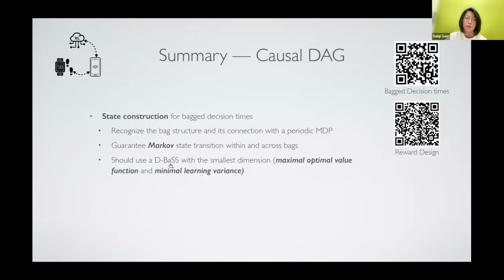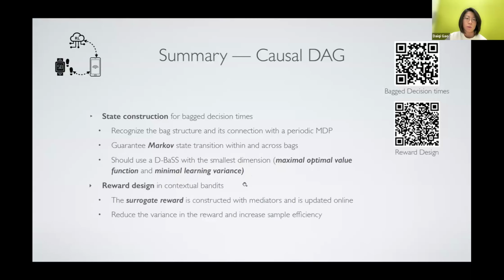Besides, it helps us recognize the sufficient statistic of the history with the smallest dimension so that we can guarantee the maximal optimal value function and minimal learning variance. When we use it for reward design, we construct a surrogate reward with the mediators, and the surrogate reward is updated online. Using the surrogate reward in learning will reduce the variance and also increase sample efficiency.